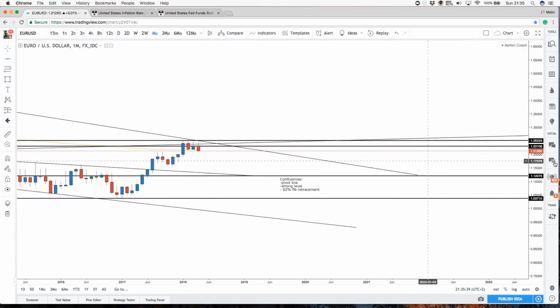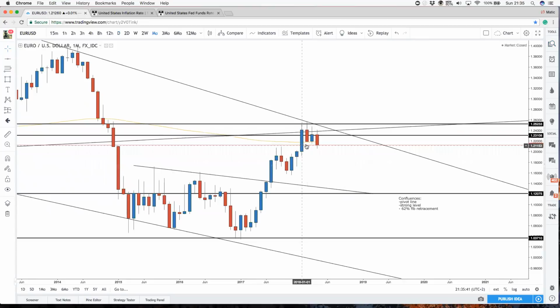Now, if we look closely at the month of January, I believe it was. No, it was February. If we look closely at this candle, you can see how it closed down with practically no wick. That indicates basically that the next candle should be bearish, sorry, the candle was bullish, but it didn't quite engulf.